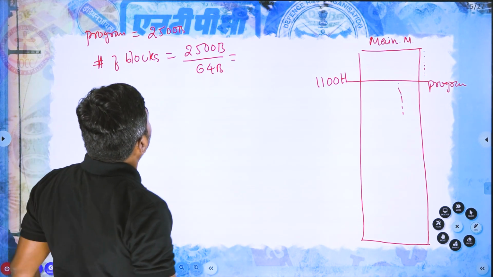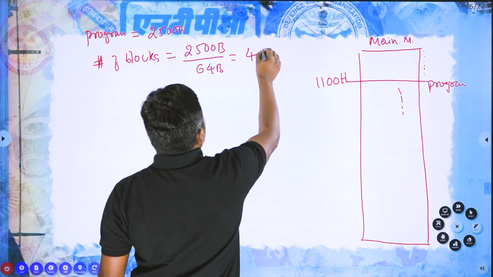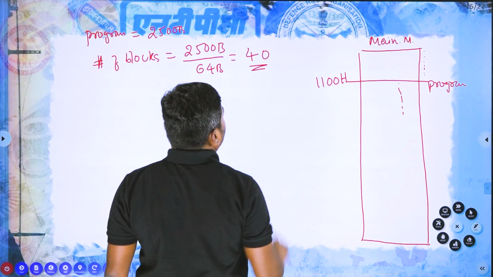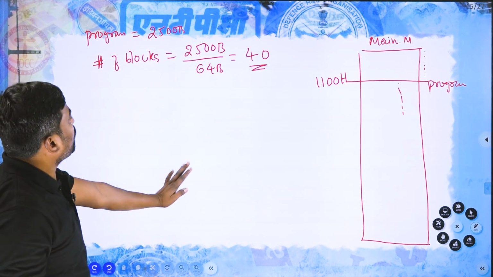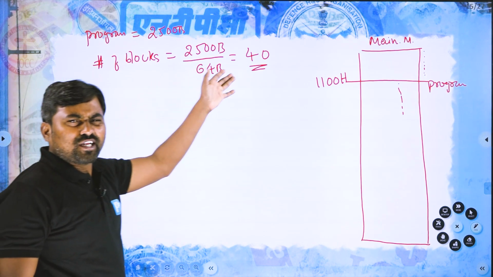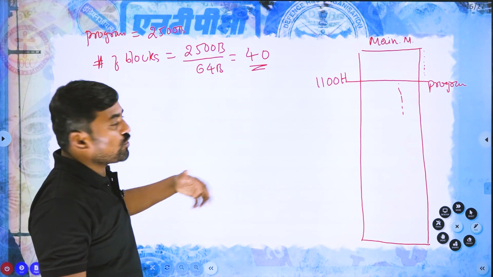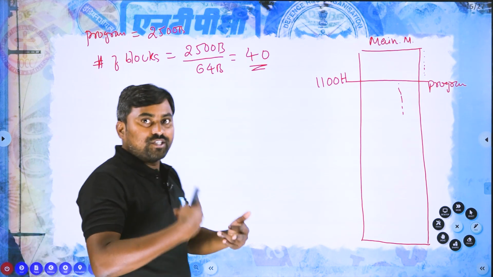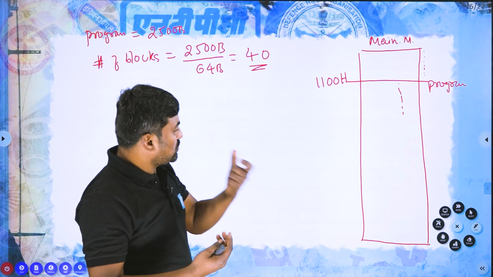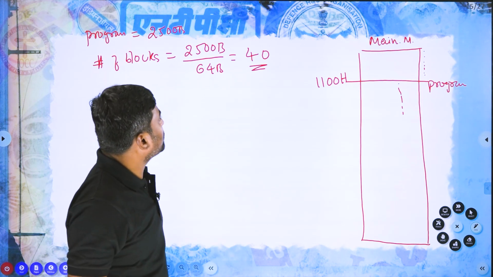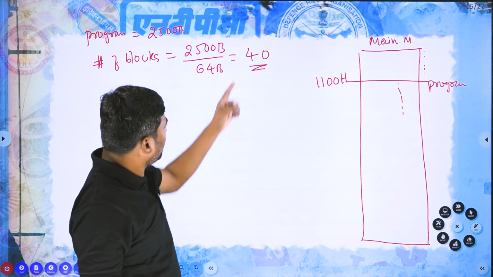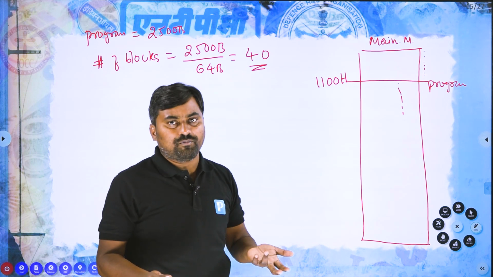Divide it, how much will we get? Approximately 40 blocks. Am I right? 40 blocks. Calculate it: 2500 divided by 64 is approximately 39.06. That is definitely 40 required, because the extra fraction value we cannot leave, so that one block is compulsory. 40 blocks required, but the last block may not be fully utilized.